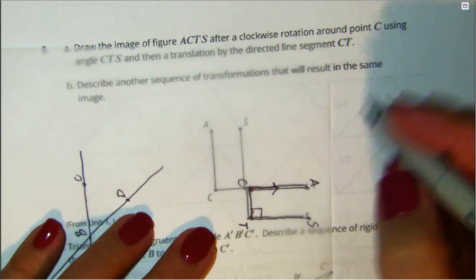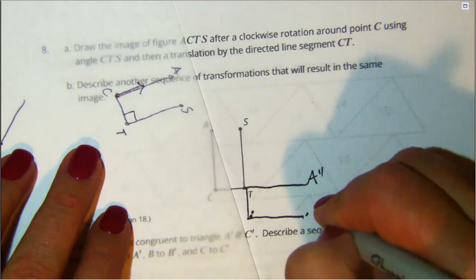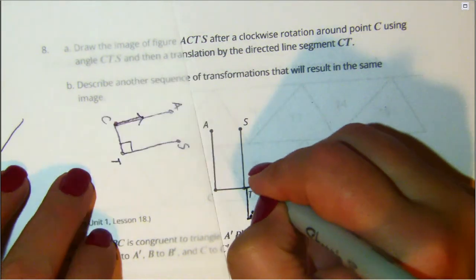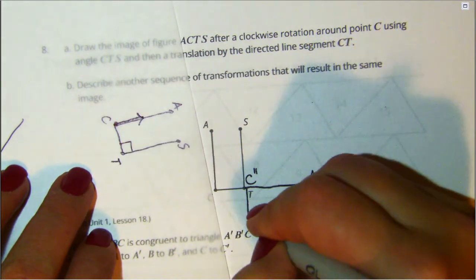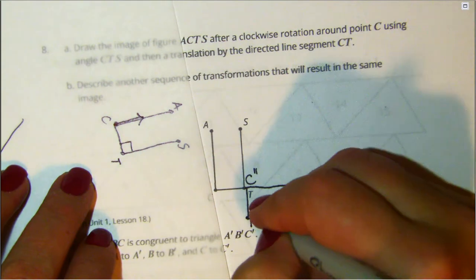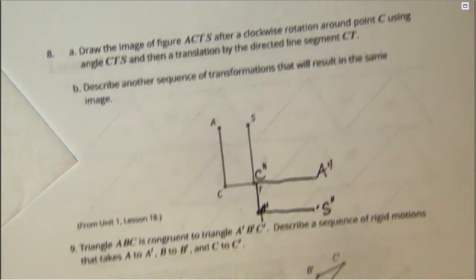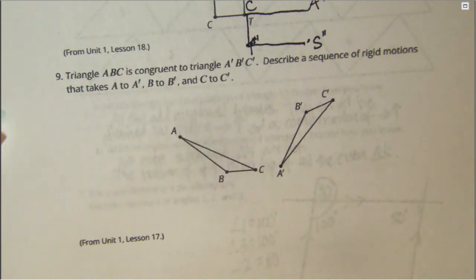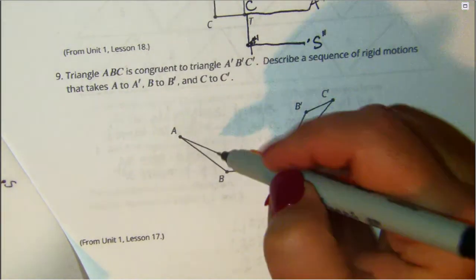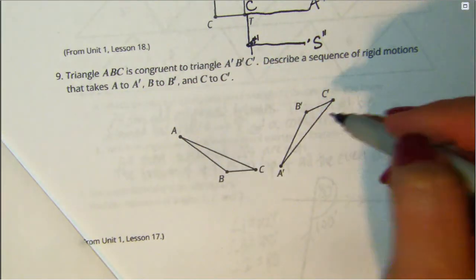What do we got here? A double prime, S double prime, C double prime, T double prime. Triangle ABC is congruent to triangle A prime, B prime, C prime. Describe a sequence of rigid motions that can take ABC to A prime, B prime, C prime.